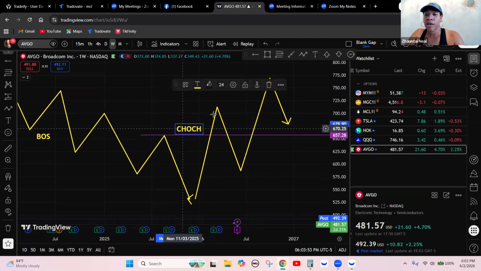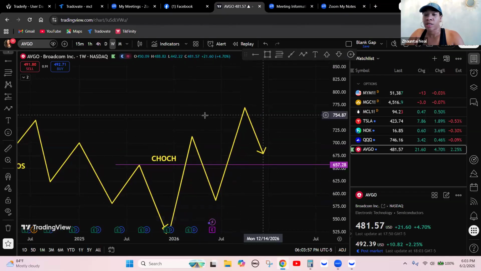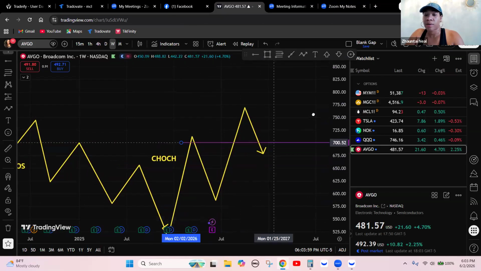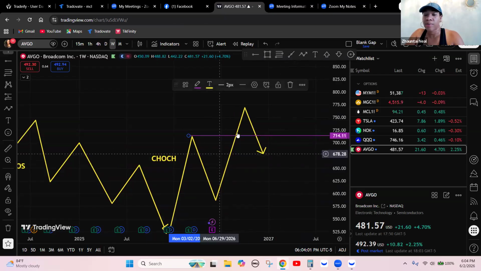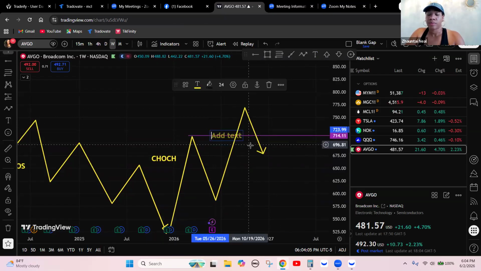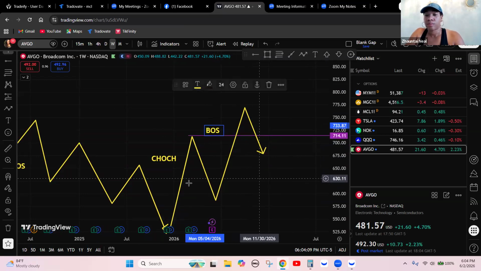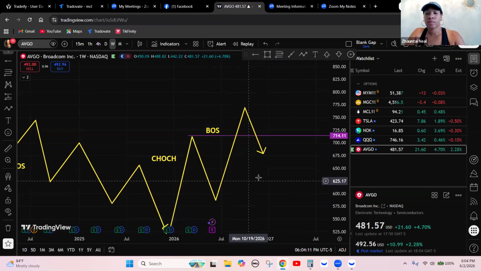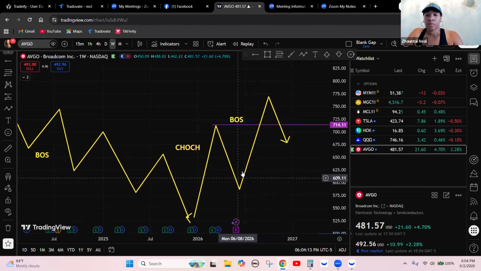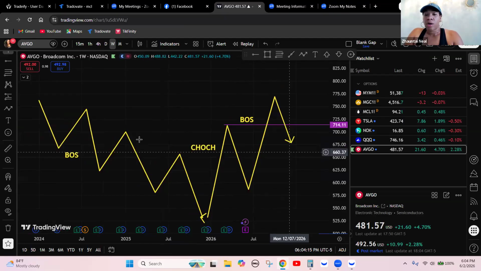So this was our change of character. We get our pullback, and then now the trend continues in the same manner. So now when it breaks this high, we have our break of structure. And that goes on and on and on.